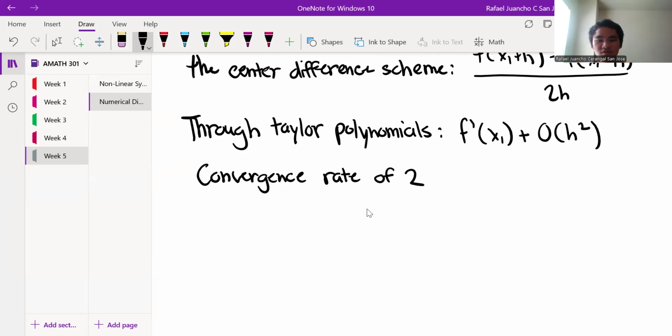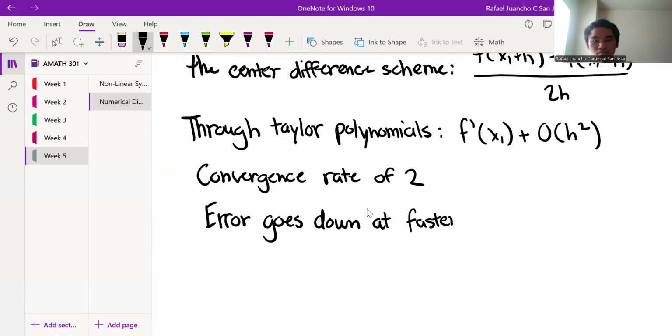So it will converge at a rate of 2 units. And the error will go down at a faster rate.